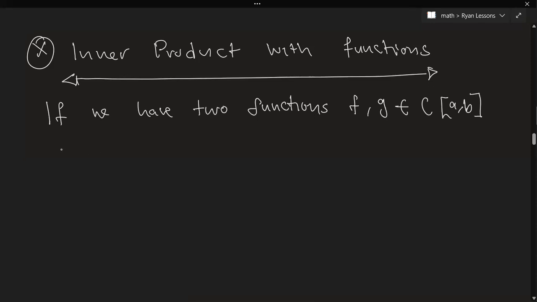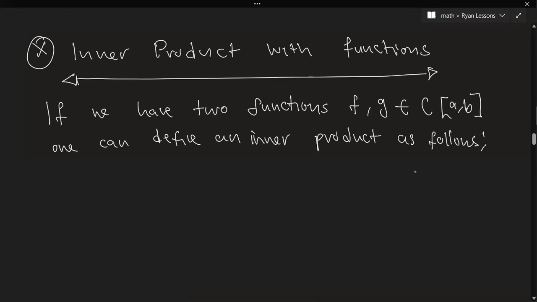If you have two functions, one can define an inner product as follows. The inner product between functions can be defined as <f, g> equals the integral from a to b of f times g dx, if both functions are just functions of x.